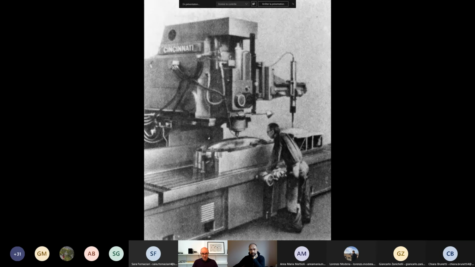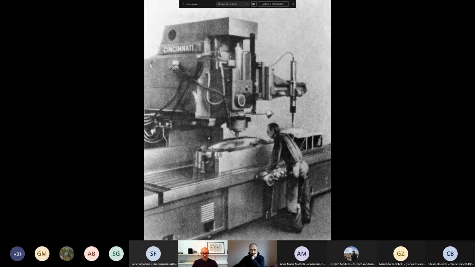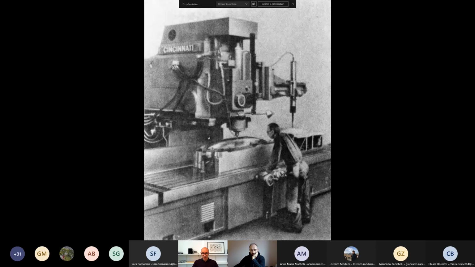Here you see a CNC milling machine, one of the very first ones, developed by Cincinnati, which is the name of a city in the US, but was also the name of a machine manufacturer.